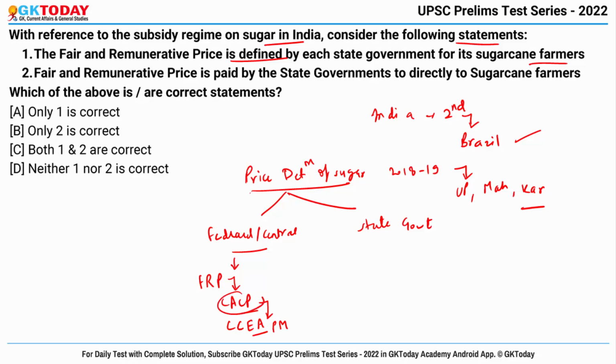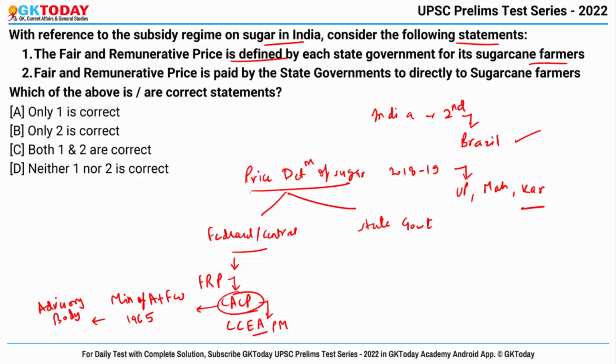And talking about CACP, it is an attached body of Ministry of Agriculture and Farmer Welfare and it came into existence in 1965. So this is basically an advisory body whose recommendations are not binding on government at all. Okay.